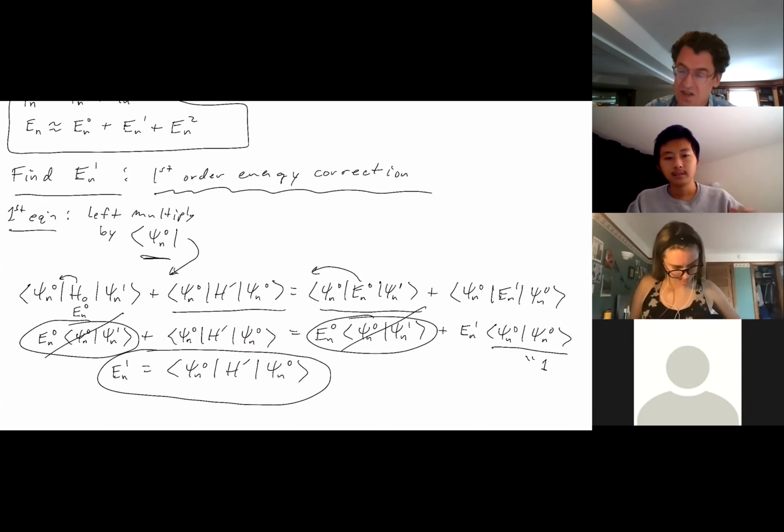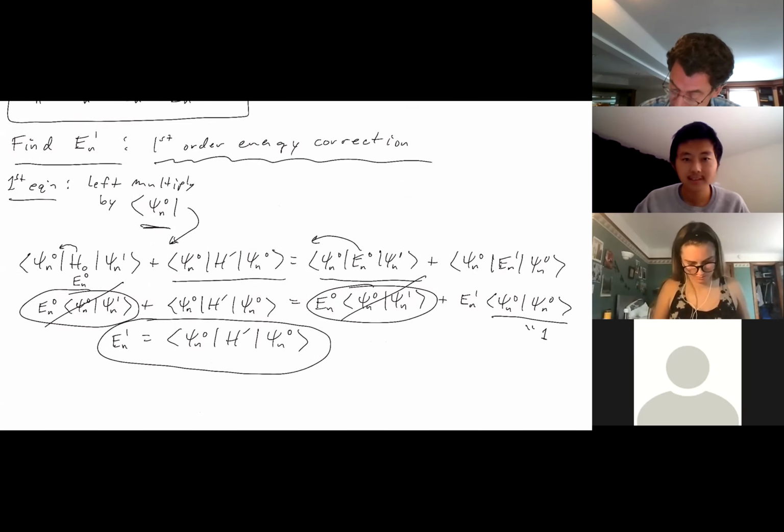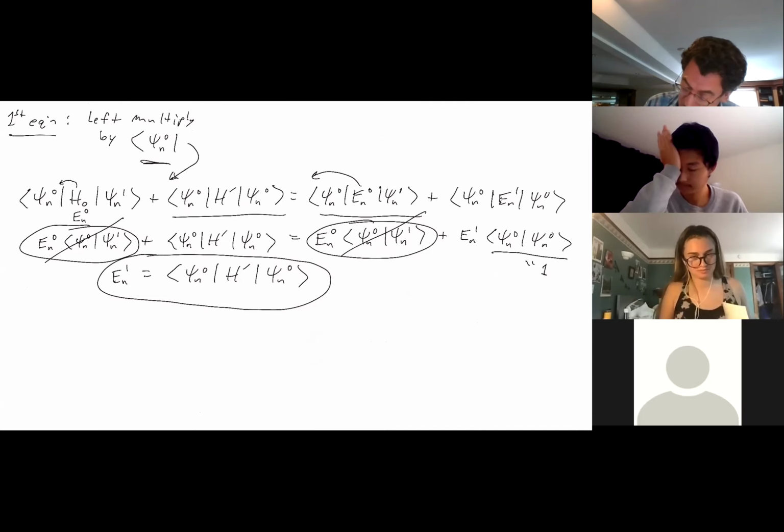So this is why we love perturbation theory, because the point is that this is an expectation value.